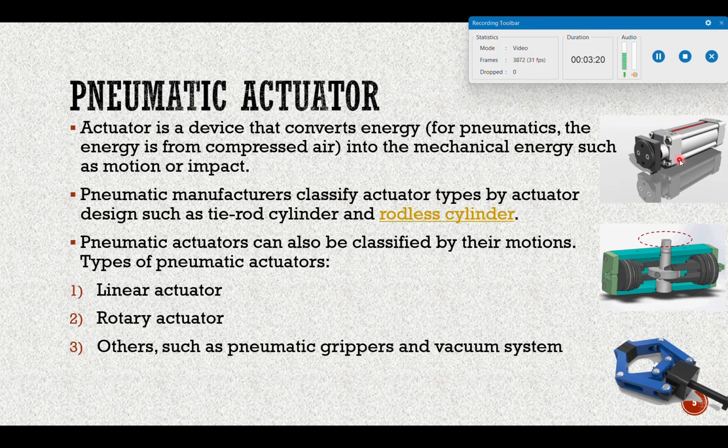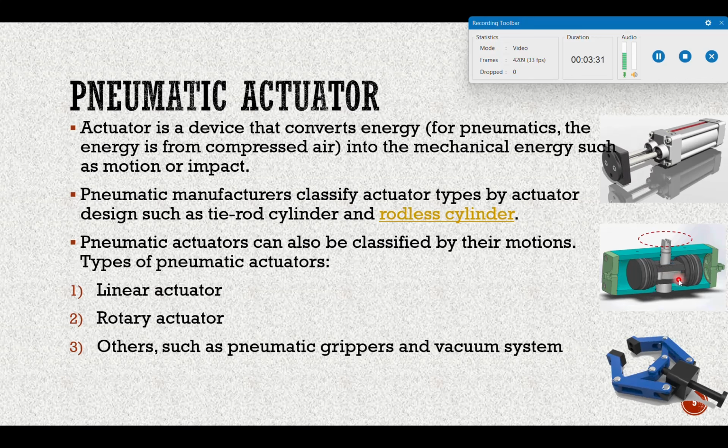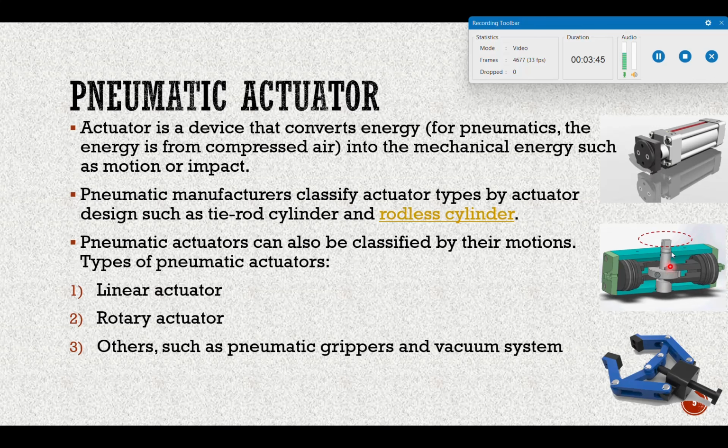So this is the regular linear actuator. You could find something like this in our lab as well. This is a rotary actuator. This example does not turn 360, but you could have another rotary actuator which has the rod turn 360.